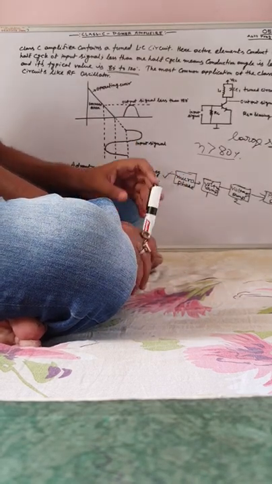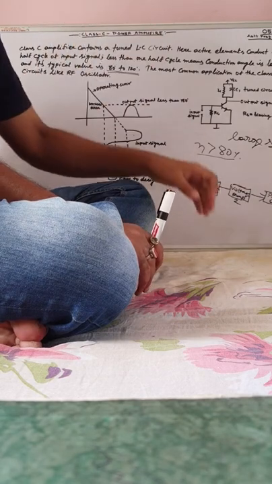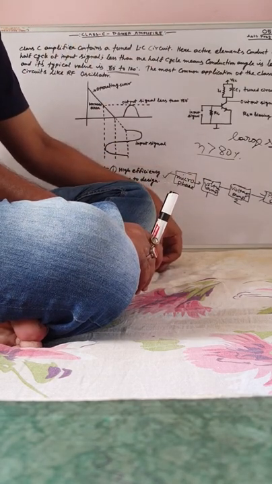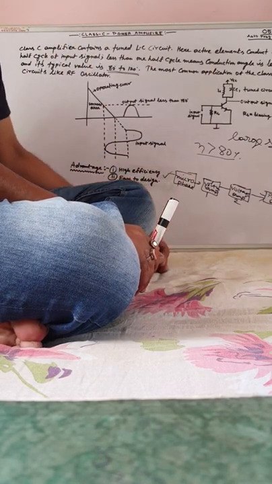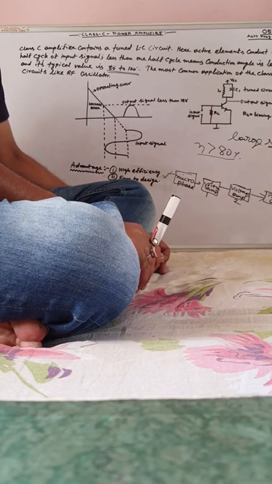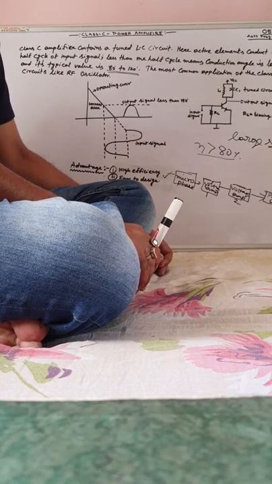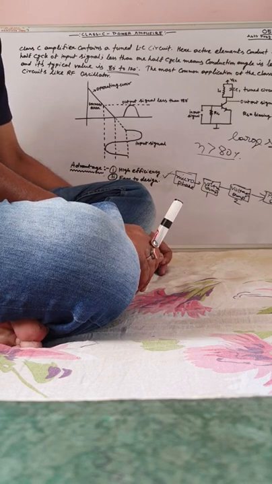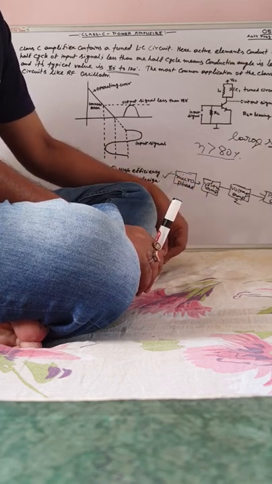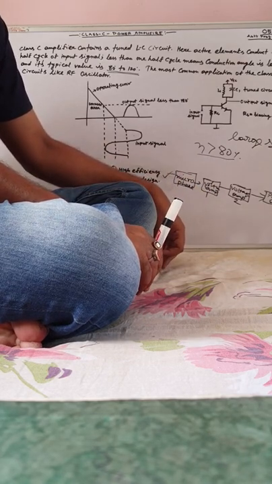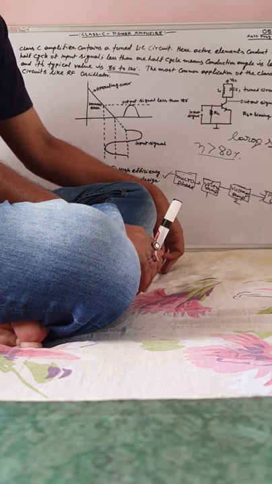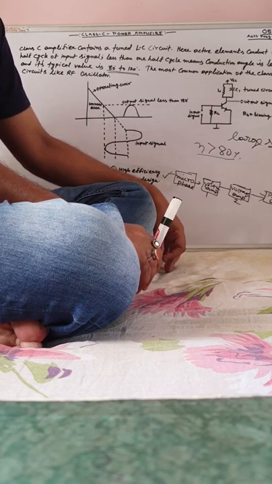This is in your syllabus, for which you need to learn common emitter amplifier, common base configuration, then one by one how to calculate the concept of stability factor. After that one by one I will show you four different biased circuits with four different stability factors.